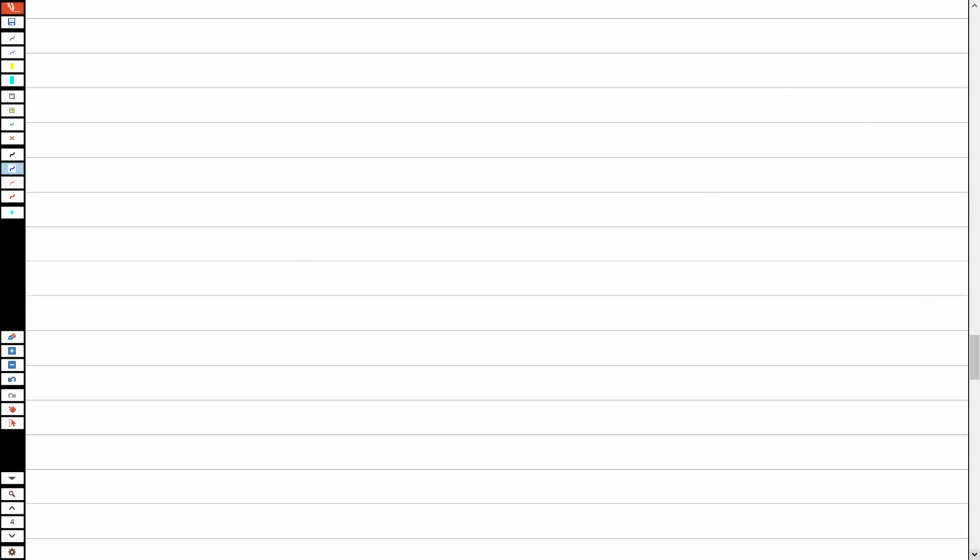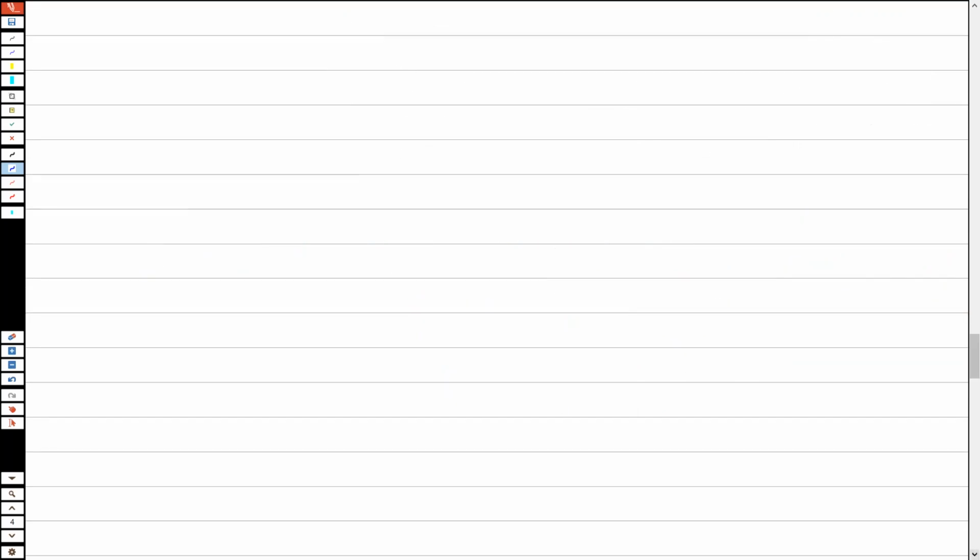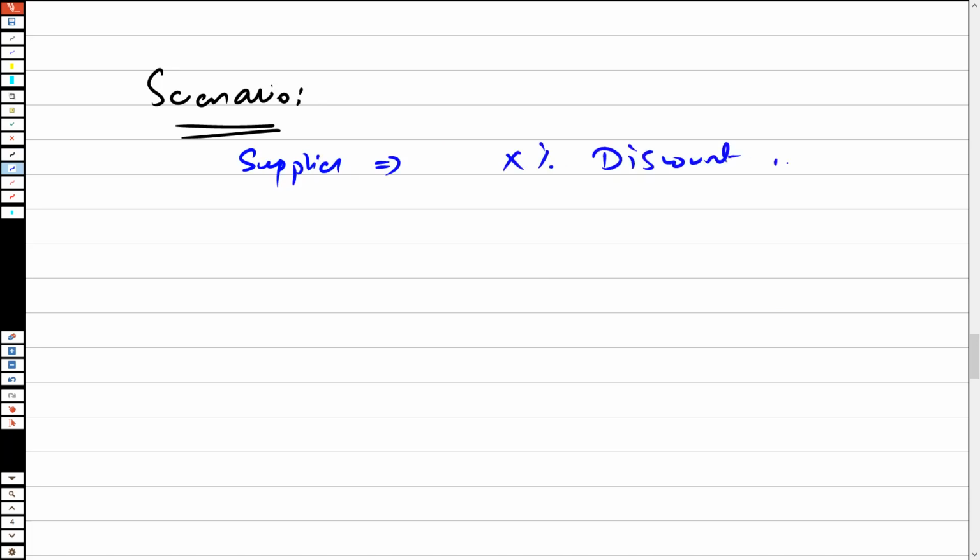Right? Okay, now with respect to inventory management, there is one more concept that you should know. At times, from the examination perspective, the examiner would give you a scenario where he would say that the supplier has offered, let's say, X% discount if the order size is, let's say, 10,000 units.